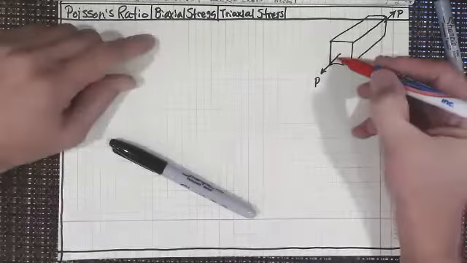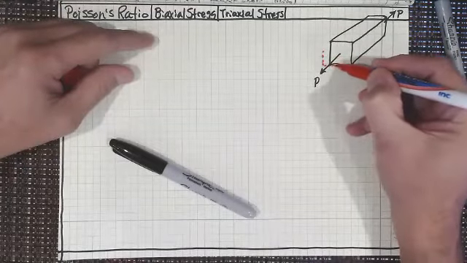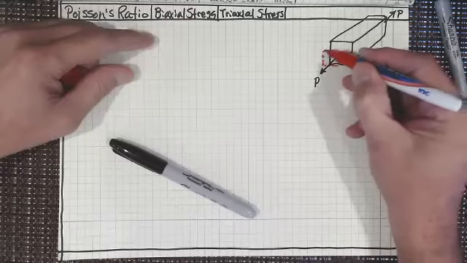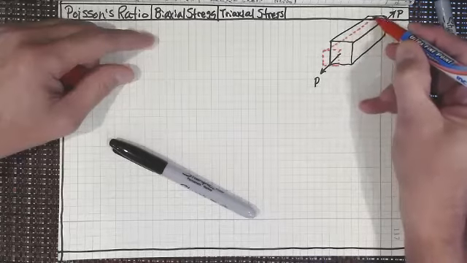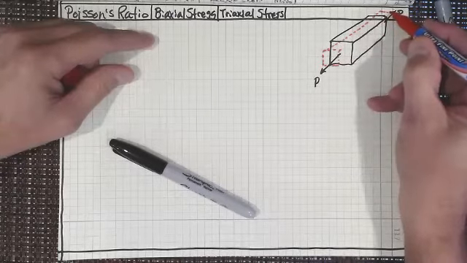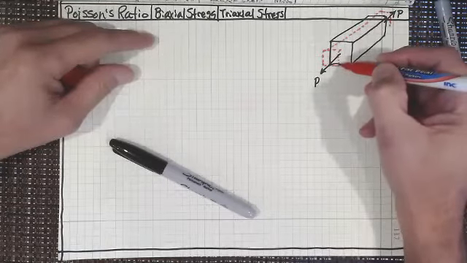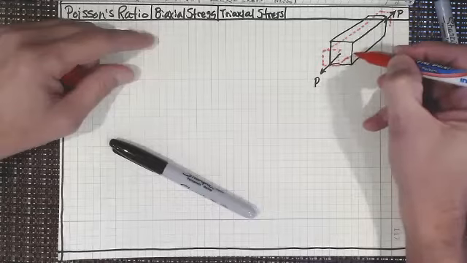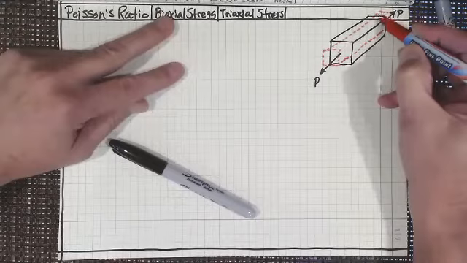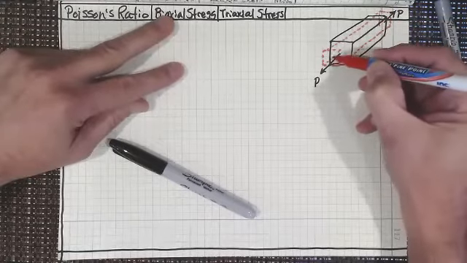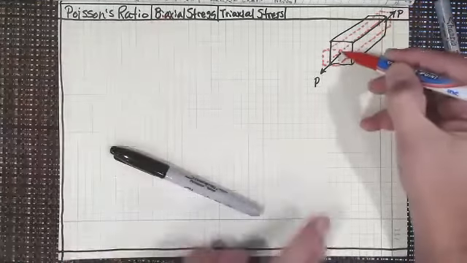I think everybody can see that what's going to happen is this is going to get longer, right? It's going to get longer. I'm going to draw it as if we could actually see through the steel bar, so I'm going to draw the entire bar, so you can see it.